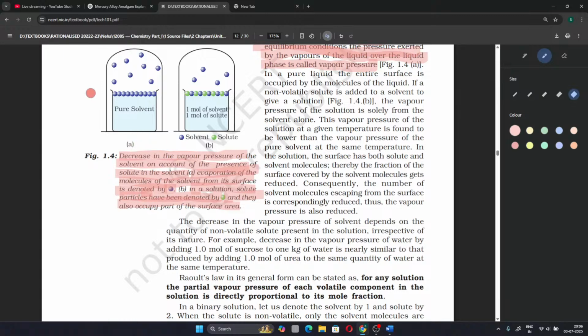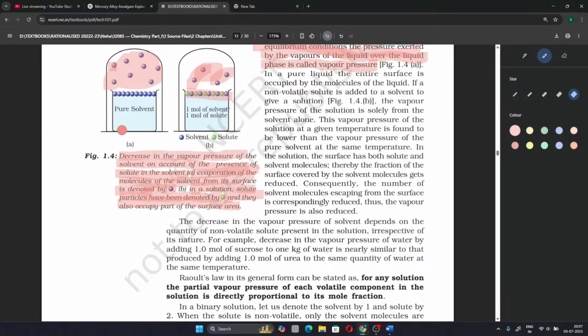Okay, here this is a pure solvent. In this case, more solvent particles are evaporating, so more vapor pressure. But in this case, when the surface area is also occupied by the solute molecules, which may or may not be volatile, the total vapor pressure due to fewer solvent molecules comparatively decreases.